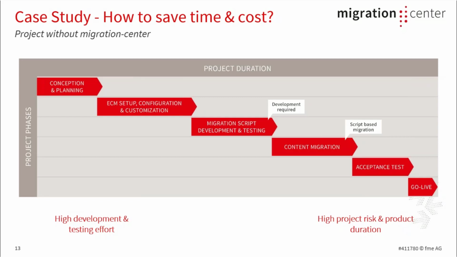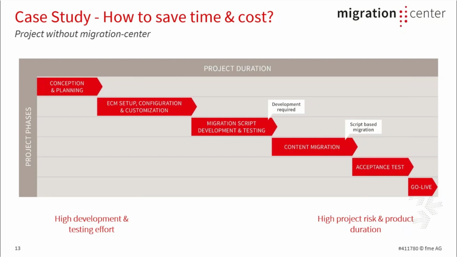And this is very static. When you build your script, you may get change requests from the business owners or from the departments. Then usually you need to change the scripts and test them again, and this is very time consuming.